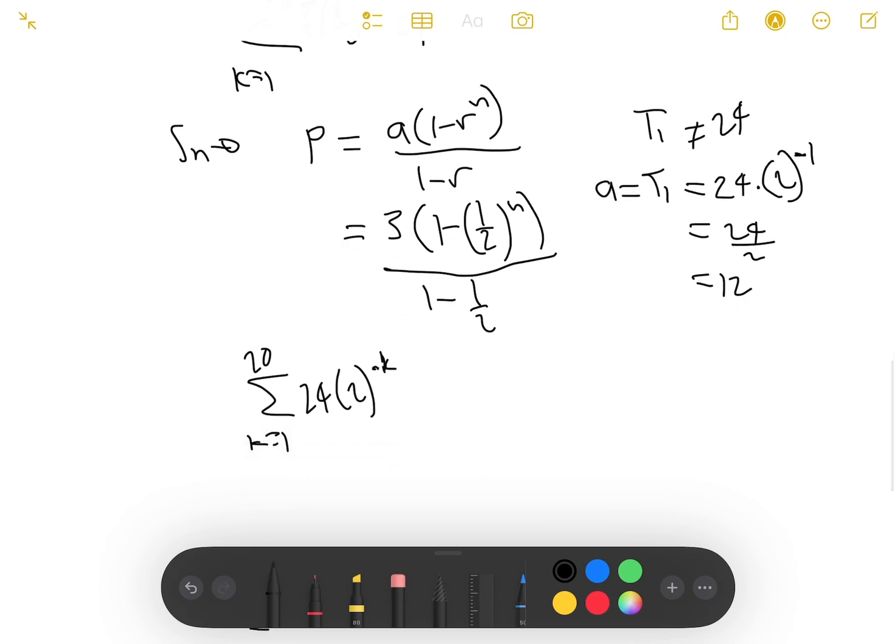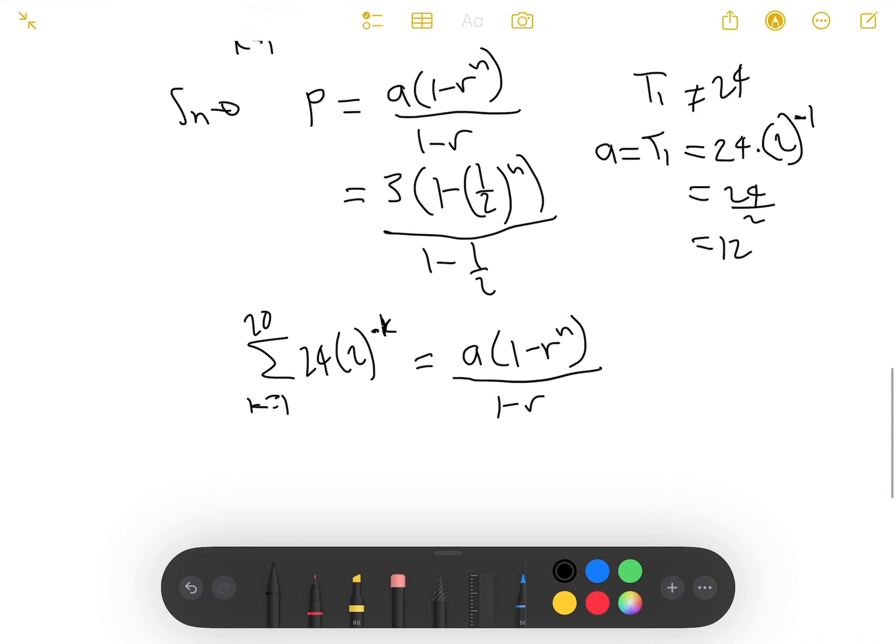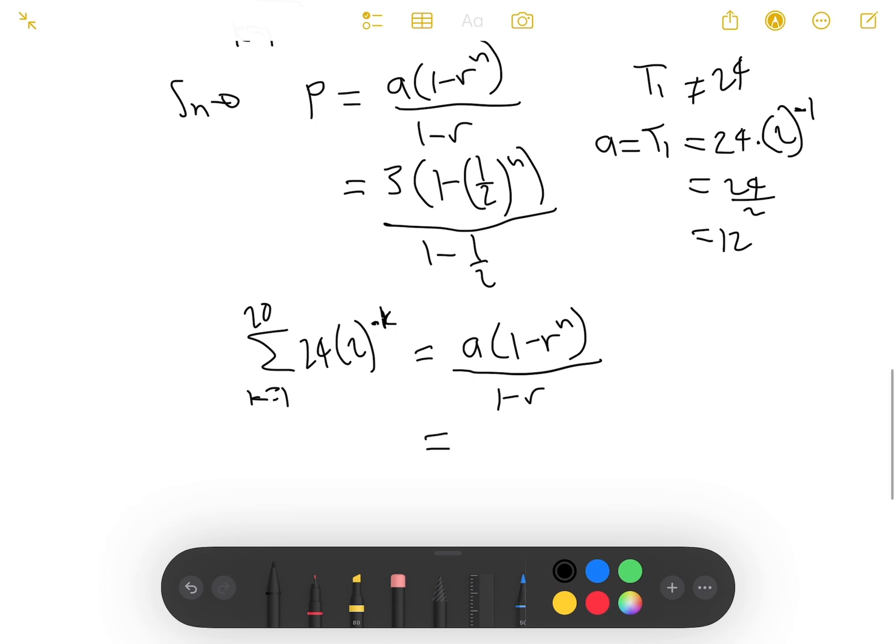Of which this is equals to A times 1 minus r to the exponent n over 1 minus r, of which from this we get our A as 12.